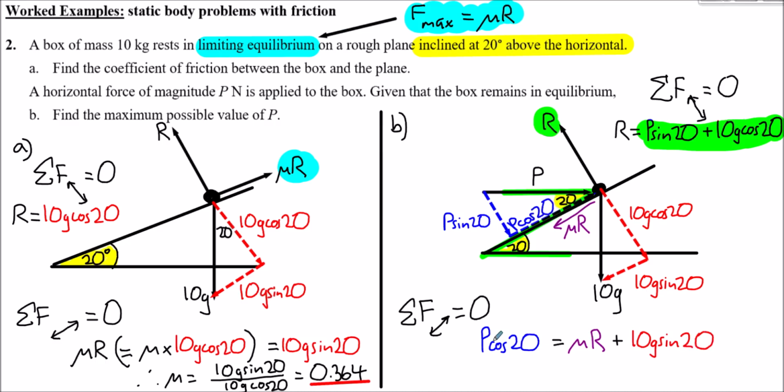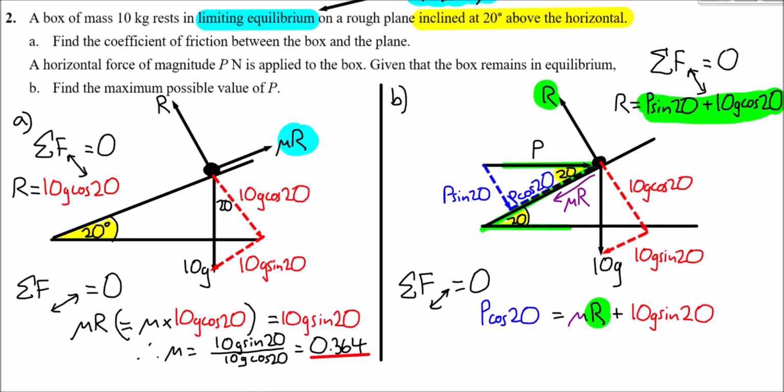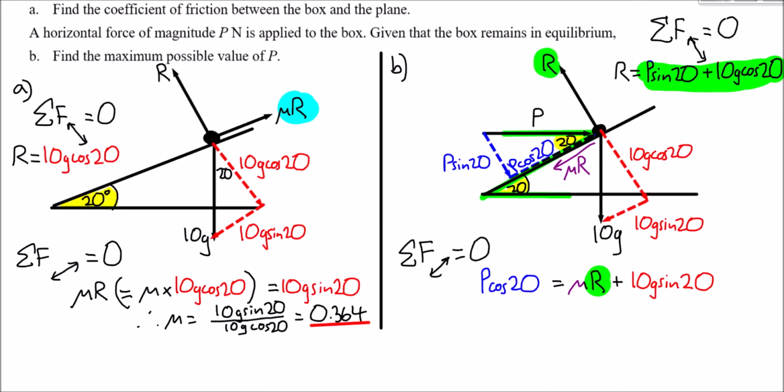So this is a fairly ugly expression, but we actually have everything we need now just to plug in. So just plug in what R is. We were told that R is P sine 20 plus 10g cos 20 from what we worked out previously. So we're going to have something which is going to look pretty heinous, but it will drop out right. So we've got P cos 20.